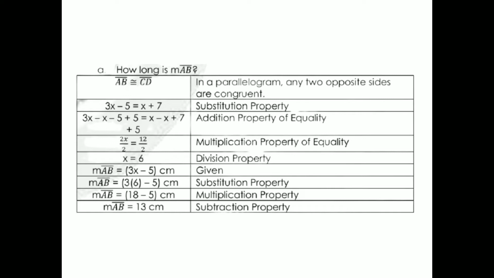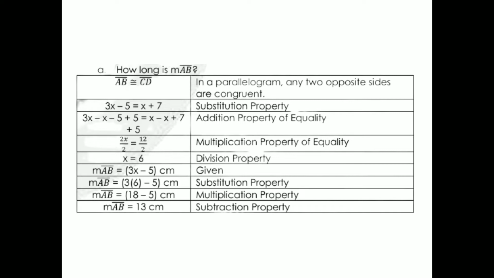And then through the process of multiplication property of equality, ang matitira na lang is 2x is equal to 12, since para ma-eliminate natin yung numerical coefficient ng x, we have to divide both sides by 2, then cancel, then the value of x is equal to 6 using the division property.